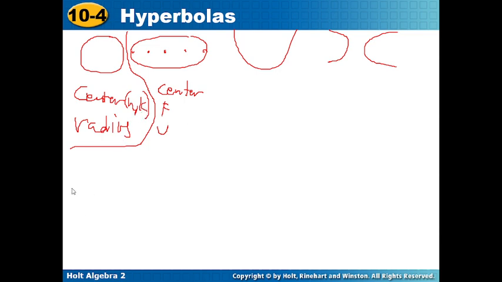So we have center, foci, vertices, co-vertices, and the values of A and B, as well as the value of your C. These are the ones that we need for the ellipse.